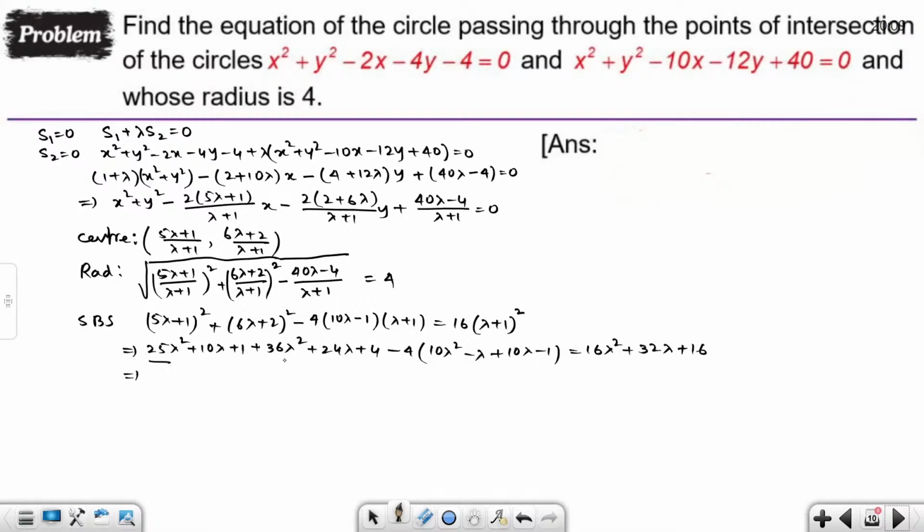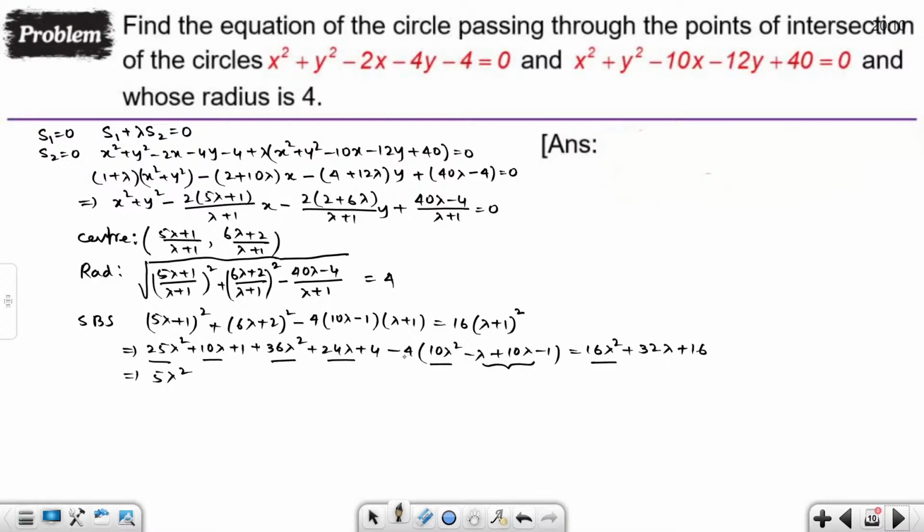This is 25 lambda square, 36 lambda square. So that gives us 61 lambda square minus 40 lambda square. So that gives us 21 lambda square and minus 16 lambda square. So it is coming to 5 lambda square. 10 lambda plus 24 lambda, that gives us 34 lambda. From here we are getting 9 lambda.